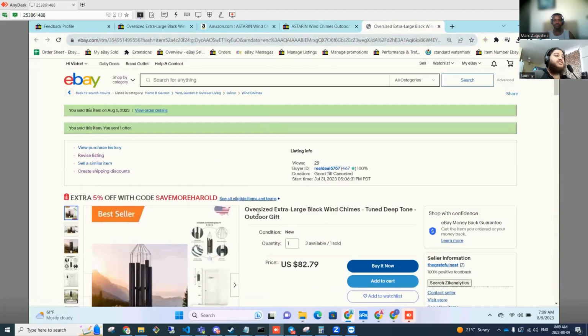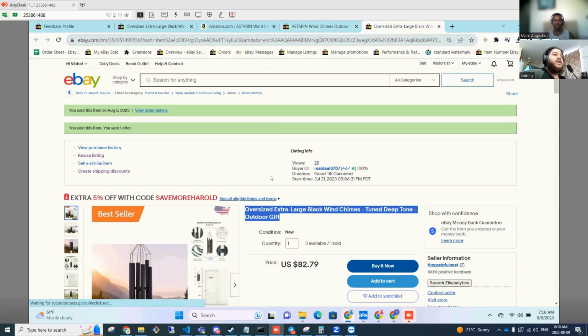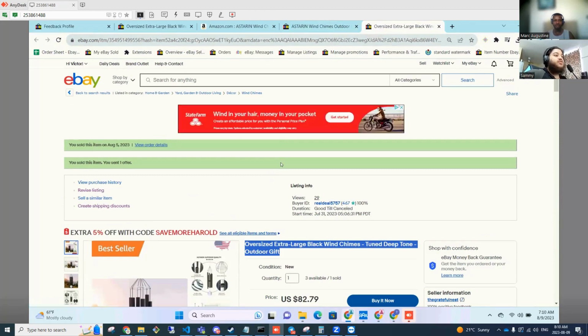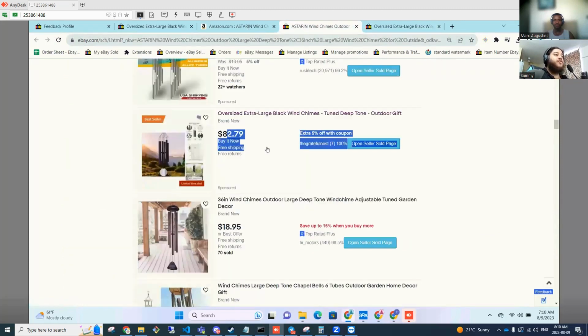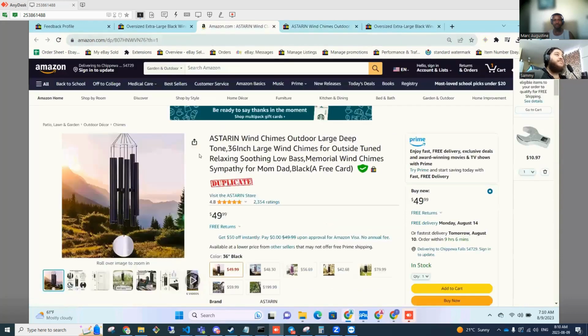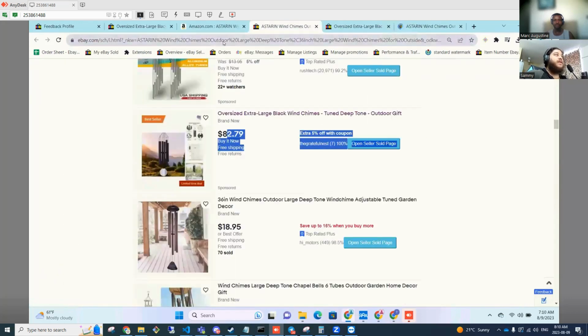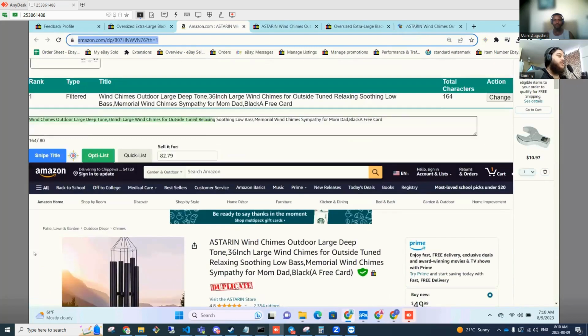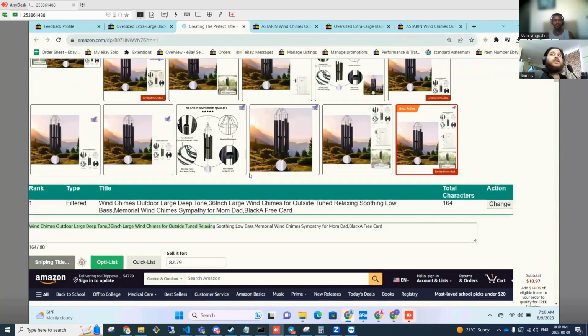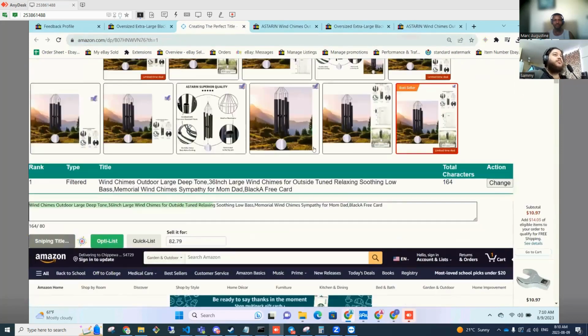our title, right? It's beautiful: oversized, extra large black wind chimes, tuned deep tone, outdoor gift. And remember, we didn't do anything to make this title. We just clicked snipe title on our eBay sniper software, right? We just press snipe title, and it makes this beautiful title for us.